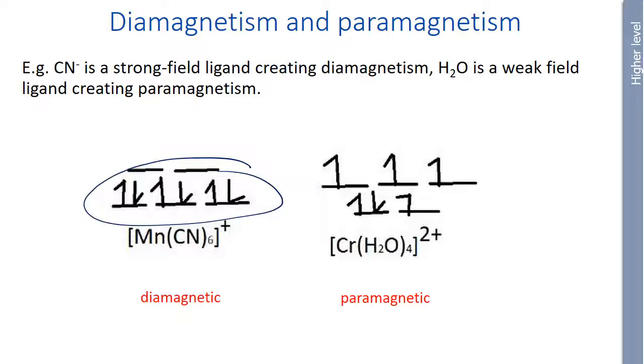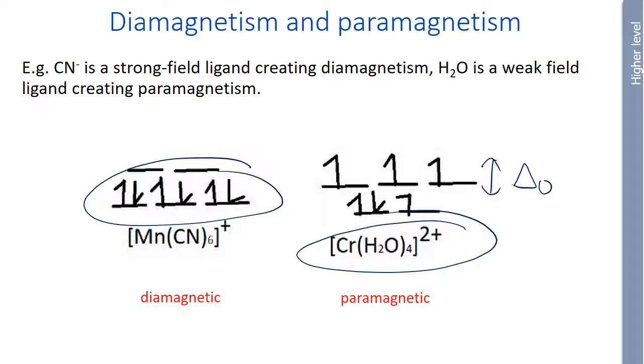Whereas for something like chromium 2+ in solution, it's going to favor being paramagnetic because the splitting is quite low, so the energy difference between the higher energy suborbitals and the lower energy suborbitals is not very high. So the electrons will tend to favor going into unpaired suborbitals, and so it's going to be paramagnetic.